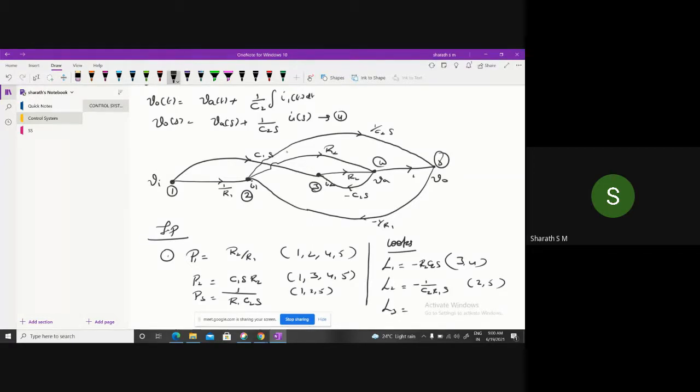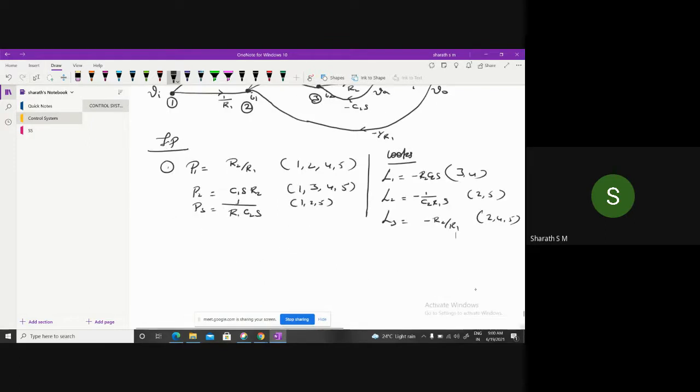What about the third one? 2 to 4, 4 to 5 and 5 to 2. That is minus R2 by R1. In the same way, non-touching loops taken 2 at a time: 3, 4 and 2, 5.